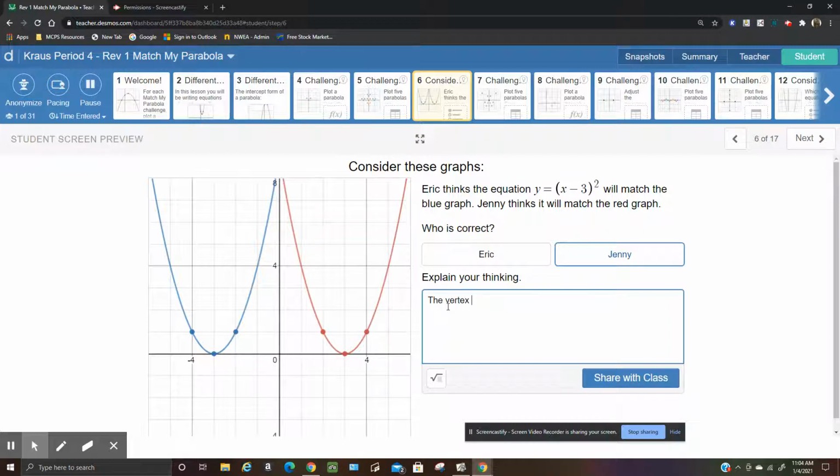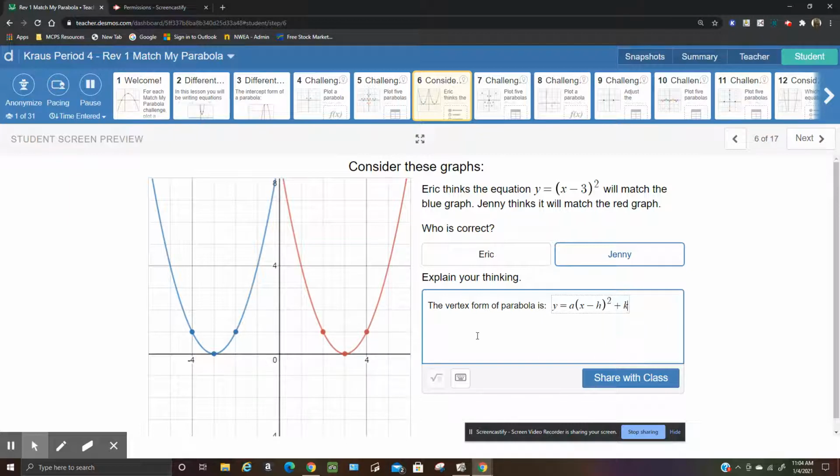Vertex form of a parabola is y equals a times x minus h squared plus k. And notice in this case, if I move 1 to the right and square 1, I get 1.